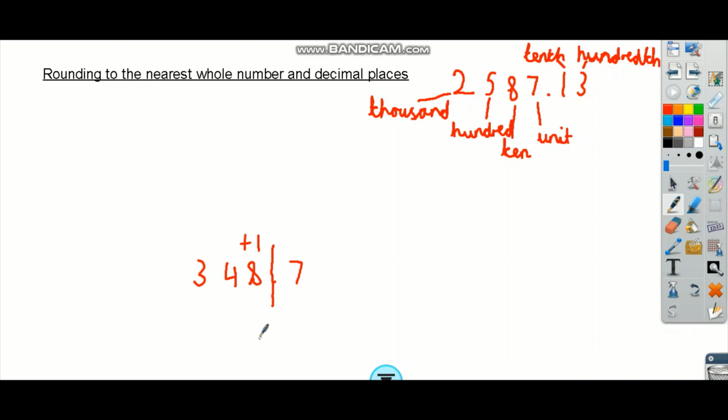That will make this number 9, and then we put all the other numbers down as well. We also turn this number into a 0 and put the decimal point down. After that, we rub out the decimal point, and the answer is 349.